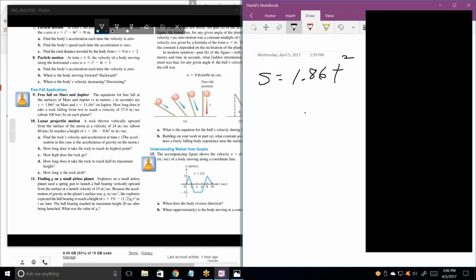And that's the truth. So the first derivative is velocity. In other words, velocity is the first derivative of position, and the first derivative of velocity is acceleration, which is the second derivative of position.